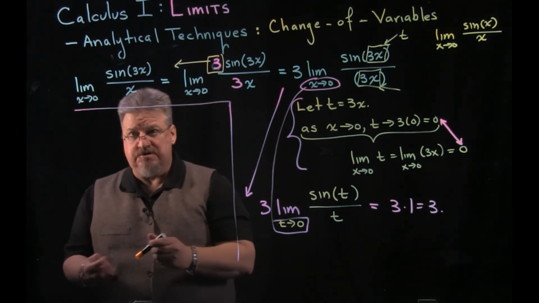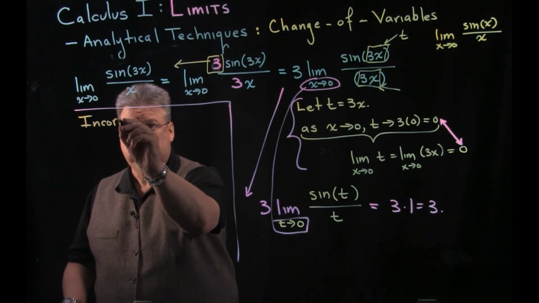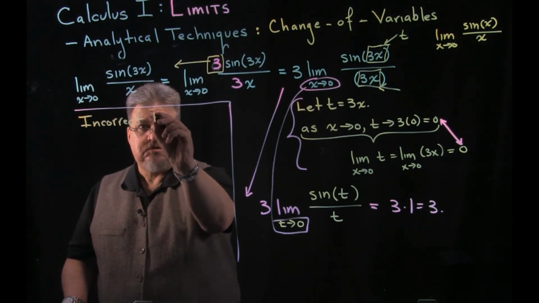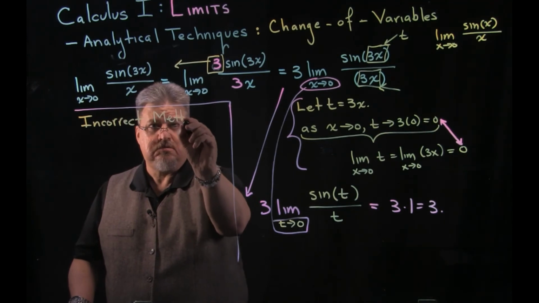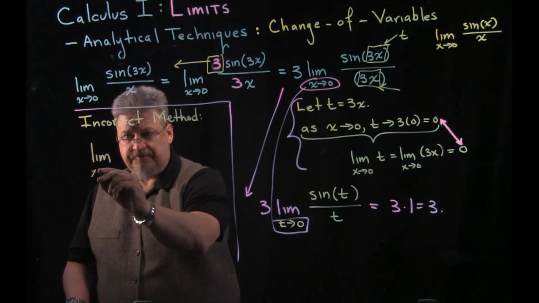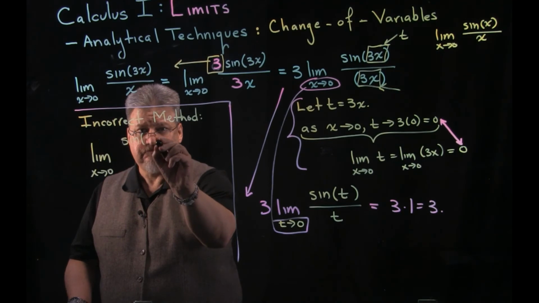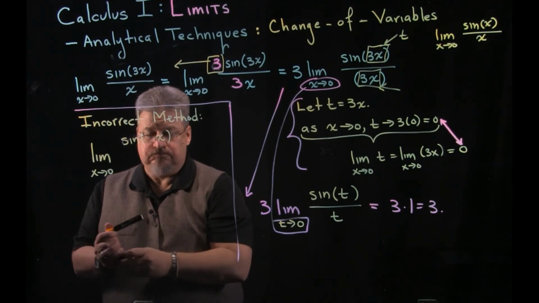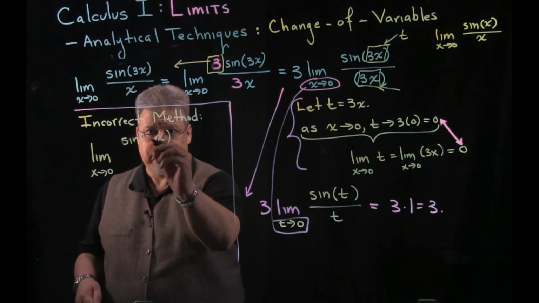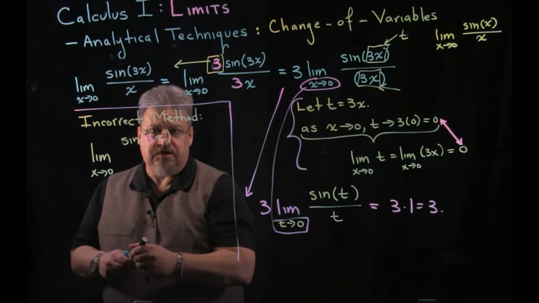What we don't want to do is to think the following: that the 3 can just be pulled outside of the sine. The argument of the sine function here is 3x.